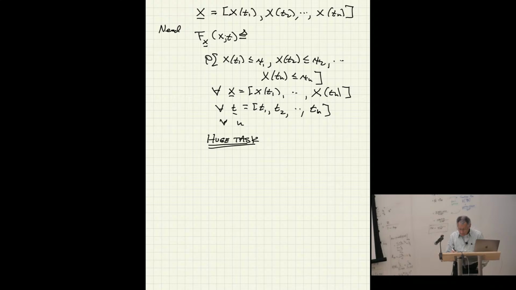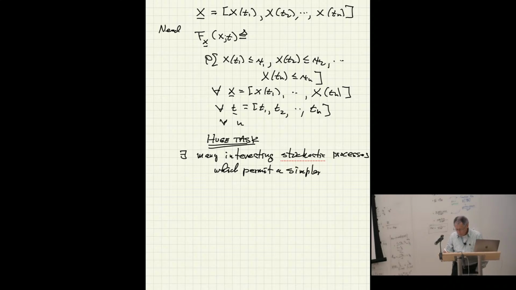So let's say there exist many interesting cases. Namely, interesting stochastic processes, which permit a simpler description.